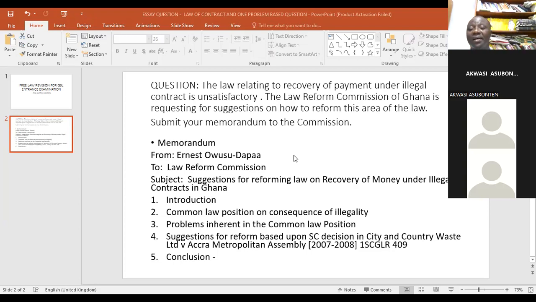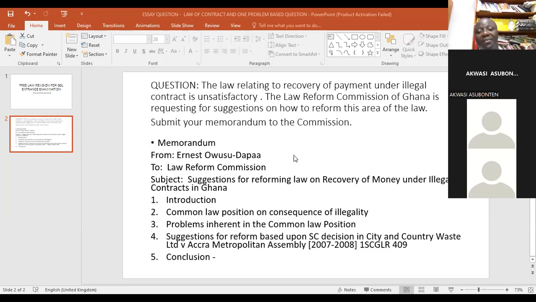And then you will now proceed to make specific suggestions as to how the Commission may proceed in trying to reform or make a recommendation for legislation to reform this area of the law.